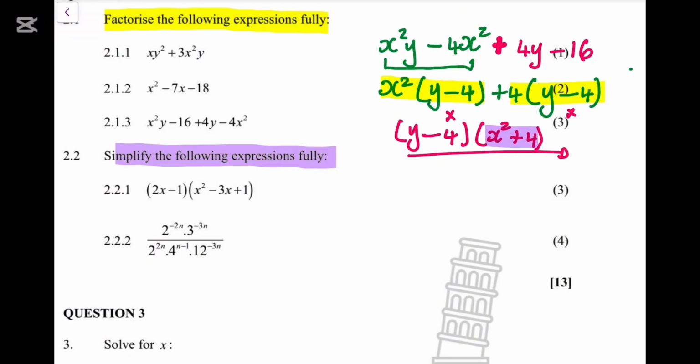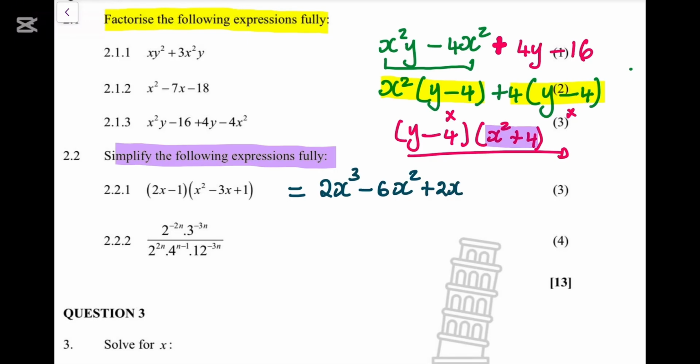So we are going to have 2x multiplied by x squared. It will be 2x cubed. 2x multiplied by negative 3x. It will be negative 6x squared. 2x multiplied by 1. It will be 2x.